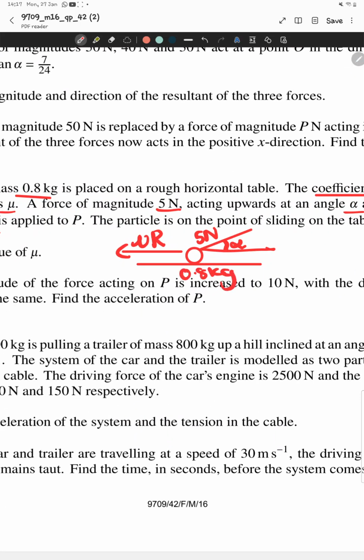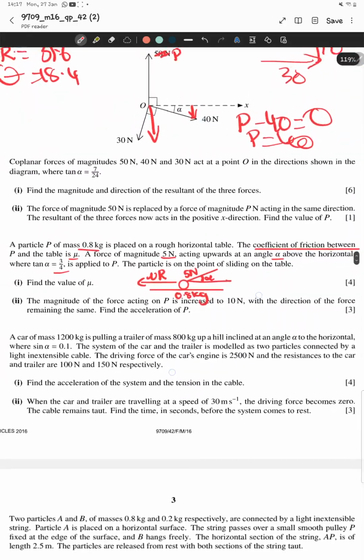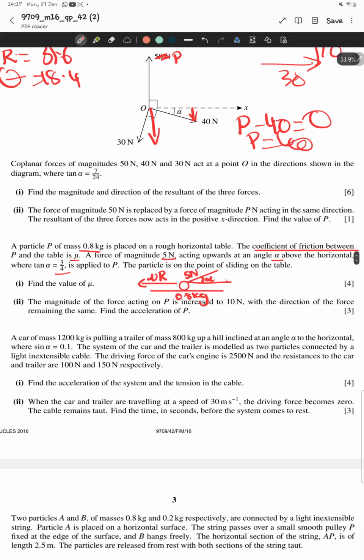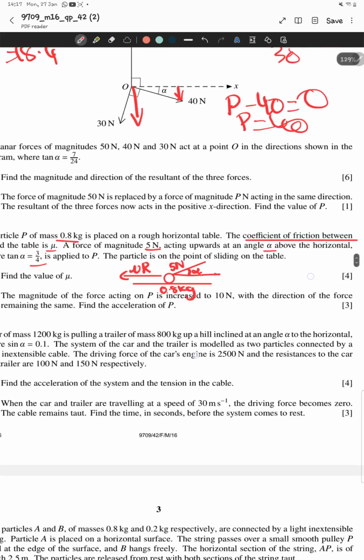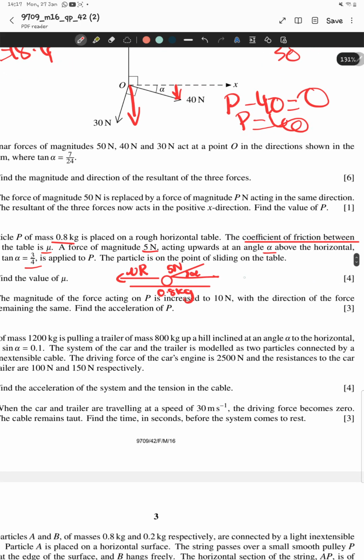So this is a pretty easy question. You just have to find the components of the 5 newton force and then find R, and then you can use that to find mu. So first of all, let's find the components. Actually, let's first draw the triangle.